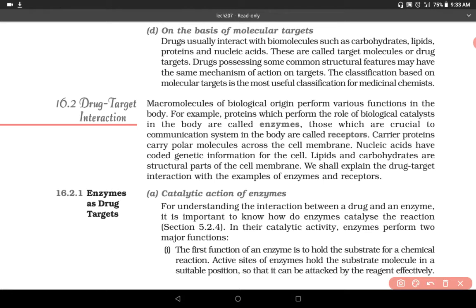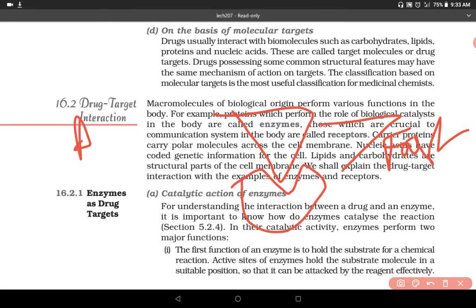Some enzymes perform some activity, the substrate fits into this and the reaction is performed faster. But these molecular target drugs inhibit this place, or fight with the substrate, or fit into this and change the active site of the enzyme. That is clear with this molecular target.